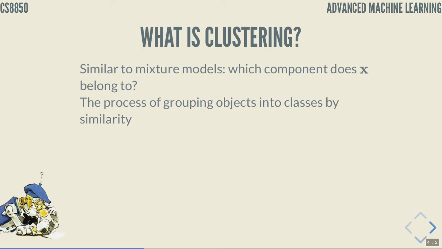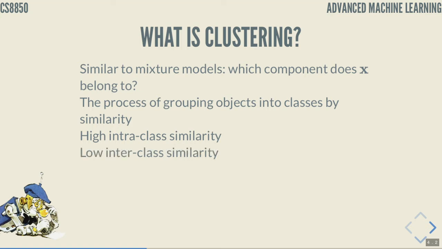We put similar objects into the same clusters. We want similarity within the clusters to be very high. We want objects inside of the clusters to be highly similar, and we want objects, or samples, across the clusters to be dissimilar.